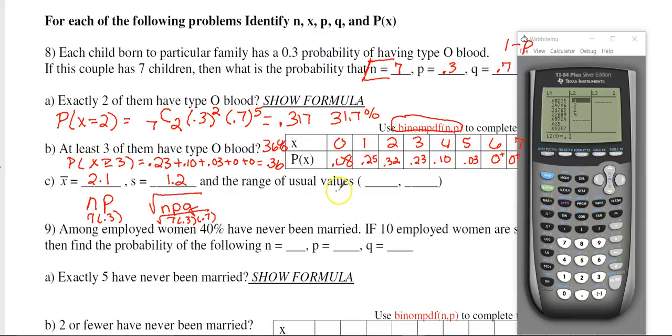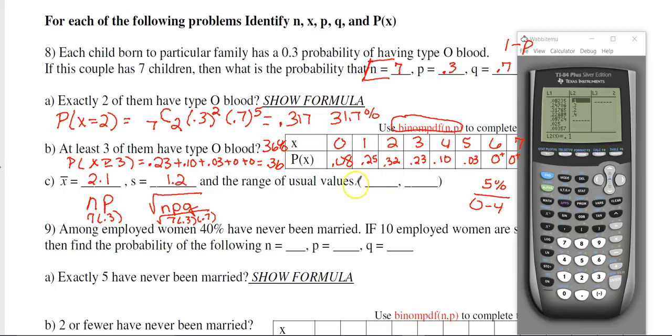And the range of usual values. Well, if I do it by percents, it's got to be less than 5% to be unusual. So less than 5% would be 5, 6, 7. So what would be the usual range would be from 0 to 4. If we were talking about percents, it'd be from 0 to 4.